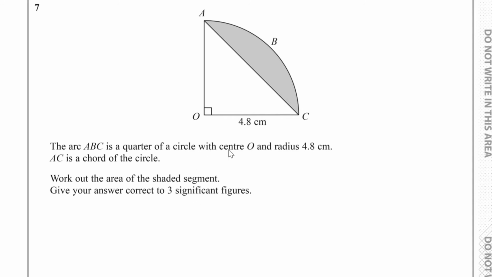Well, first of all, we can find out the area of the triangle. So the area of the triangle OAC, this is equal to 1/2 times by the base, which is 4.8, multiplied by the height, which is also 4.8.